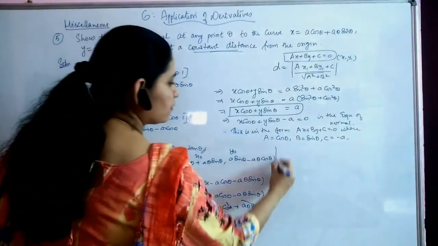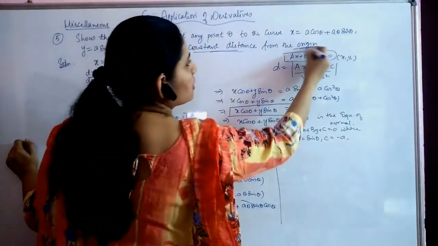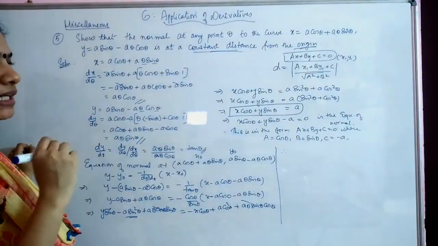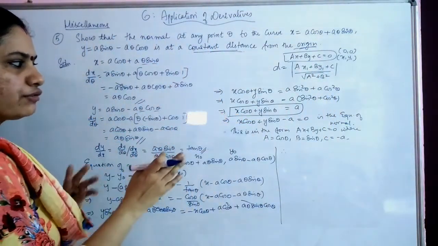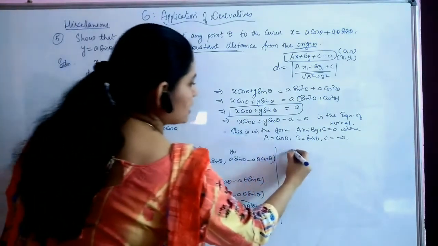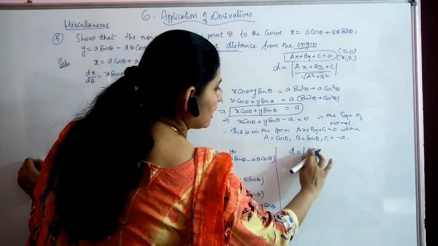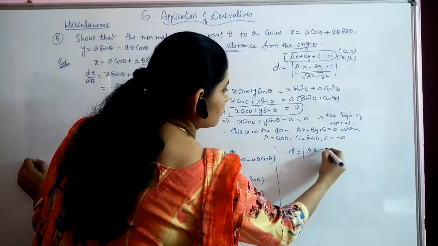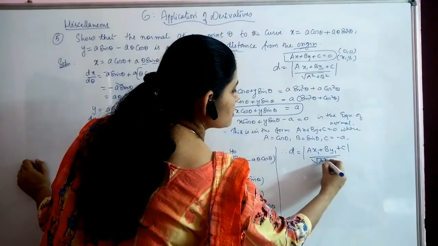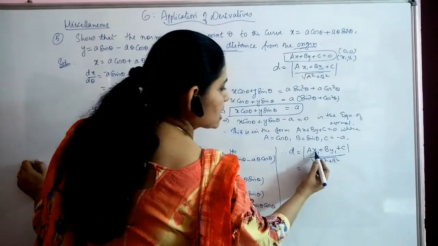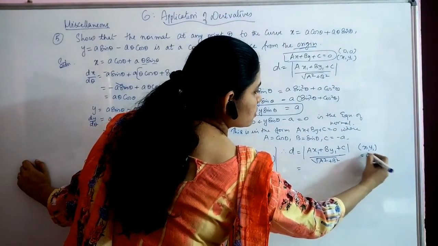Now replacing with the formula, therefore the distance, and what they have said, it is the distance from the origin. So what is acting as x1, y1 here? 0, 0, the origin. So from the origin you have to find out the distance of this line. So d is equal to mod of ax1 plus by1 plus c divided by root of a square plus b square. Now when I replace, x1 and y1 is the origin, that is 0, 0.